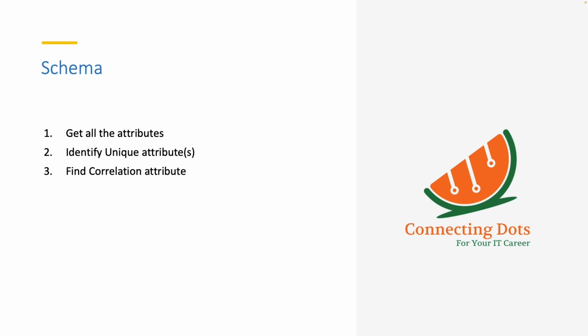Anyway, coming back. Once you explain all this schema, what the schema is and what it is for, then get all the attributes. Based on the connector you are using, if it is a direct connector like Salesforce or Active Directory, since Salesforce is a product, it is the same anywhere in the world, for any organization. SailPoint, or any IGA product which has the direct connector, worked with that product.